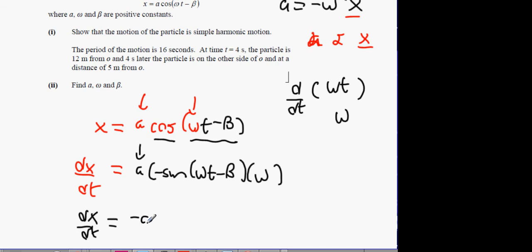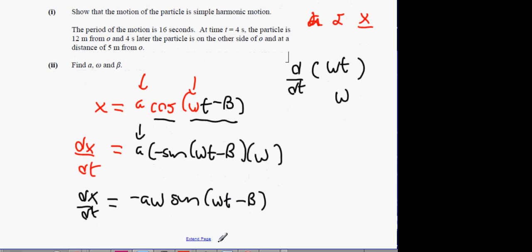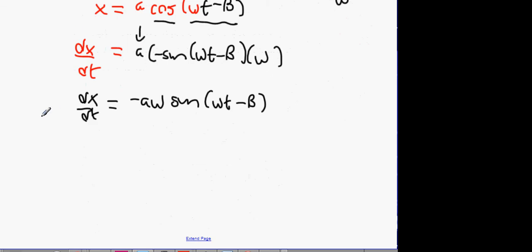Differentiate again. So velocity is the first derivative, change in distance over change in time. Acceleration is the second derivative, which is change in velocity over change in time. So what we get next is, once again, the minus aw is safe because it comes in front of the derivative.